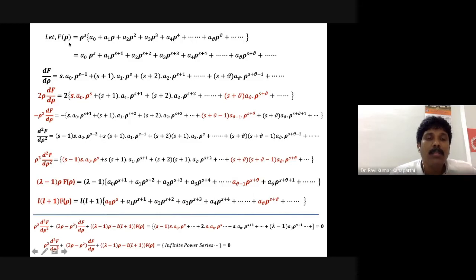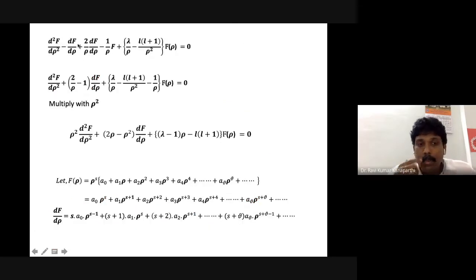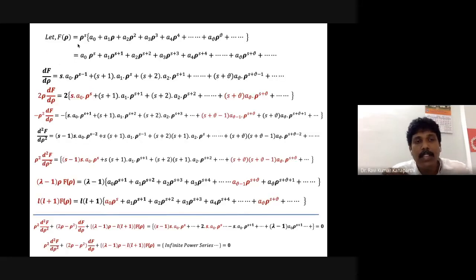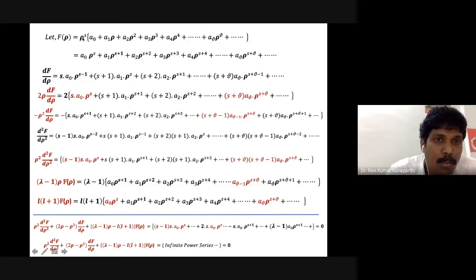This is the power series predicted for f of rho. Then the rho to the power s, you can take inside and just multiply it. That is the first step. So this is your f of rho.